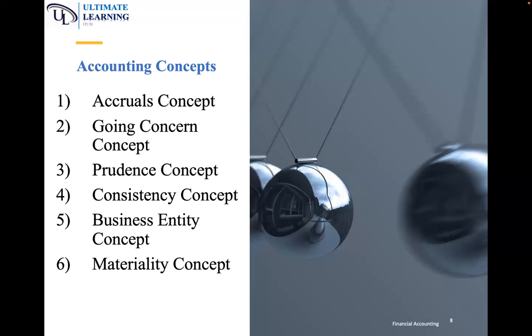The second accounting assumption or concept is what we call going concern. This is the assumption that the business will be in operation in the foreseeable future, that the business will be in existence tomorrow and the day after tomorrow. Now, the accruals concept cannot exist without going concern.